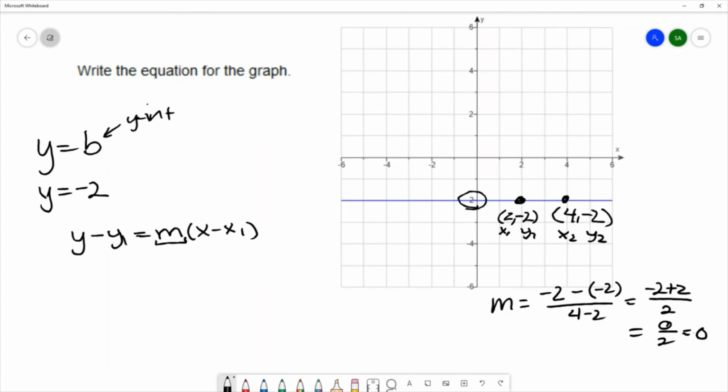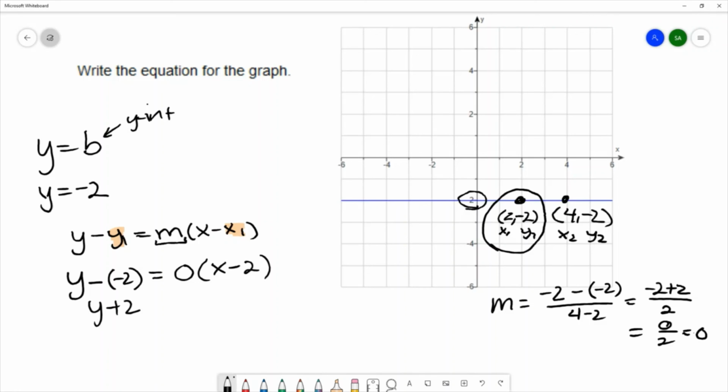And then you can use one of the points, x1, y1, to create the equation. So I'll use this point here. That's y minus negative 2 equals a slope of 0 times x minus 2. Y minus a negative 2 is y plus 2. 0 times x minus 2 is 0.